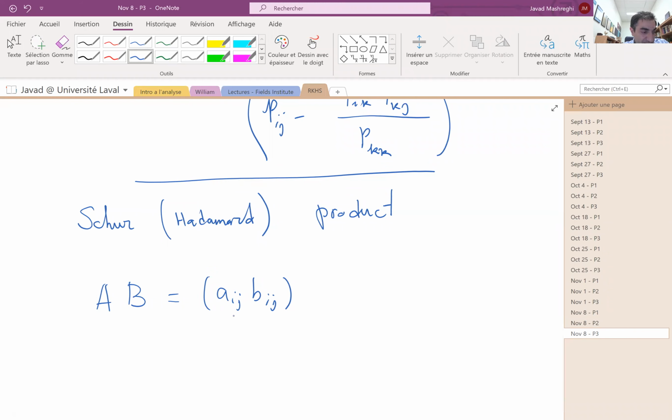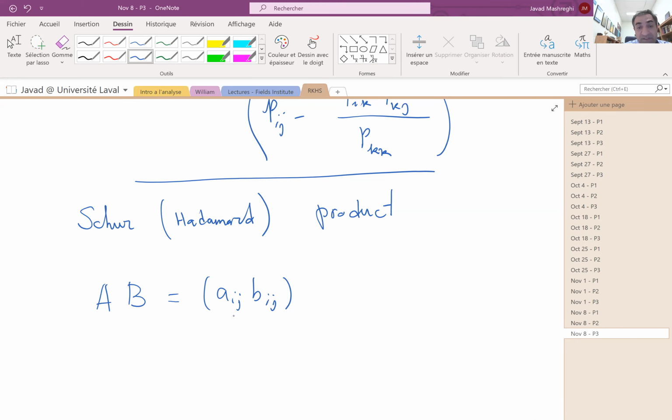Or why, when you multiply, do you multiply a row by a column, for all rows of A and all columns of B? This looks more natural, and indeed it's a good product, which is called the Hadamard product or Schur product.